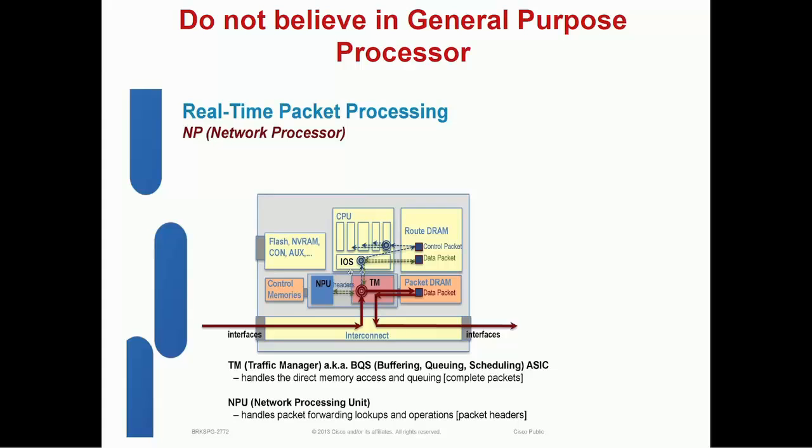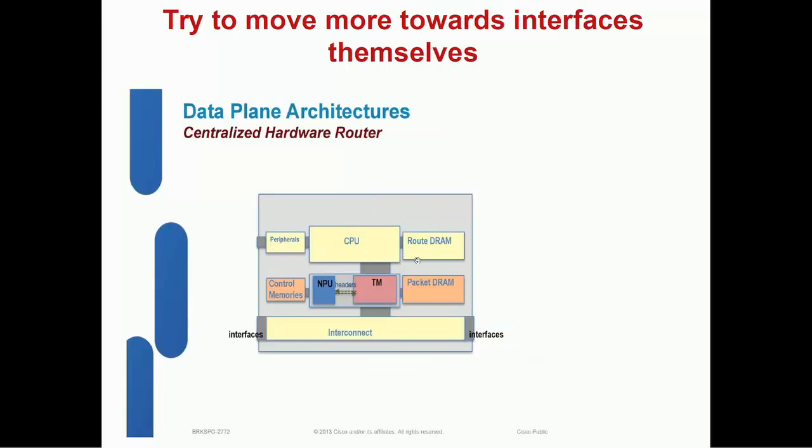Then what happens? So, this was the control plane architecture, okay. So, what they did to the data plane, okay. So, now what happened was, if you look at this, the data plane architecture, the centralized hardware router. So, what they did was they integrated the general purpose CPU and the network processor together. It had its own RAM.